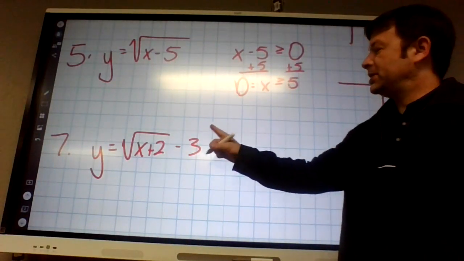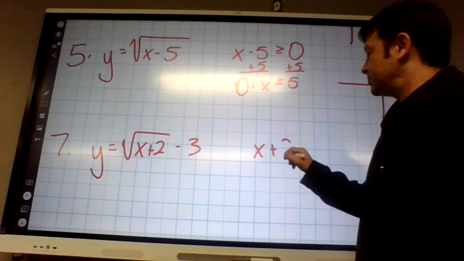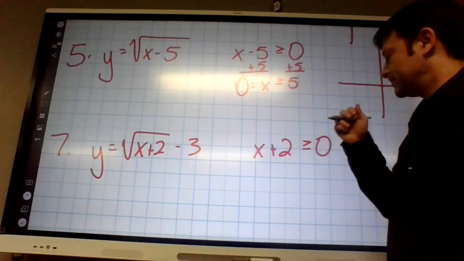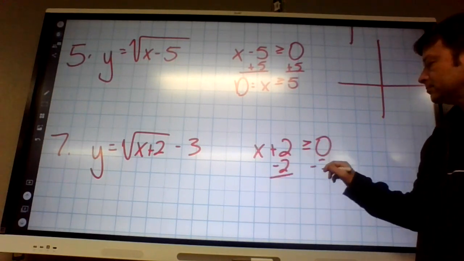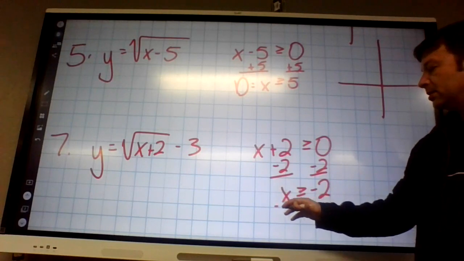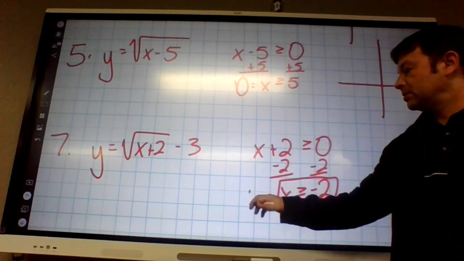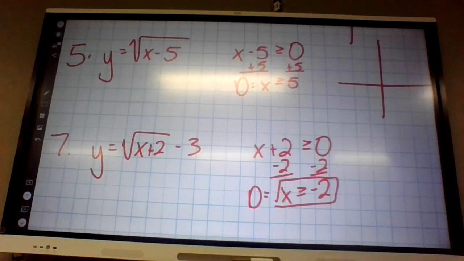We just need this to be greater than or equal to 0. So x plus 2 is greater than or equal to 0, so you subtract the 2. Does the stuff on the outside not really affect it? It affects the graph. It does not affect the domain. It would affect the range because it would move the graph up or down.